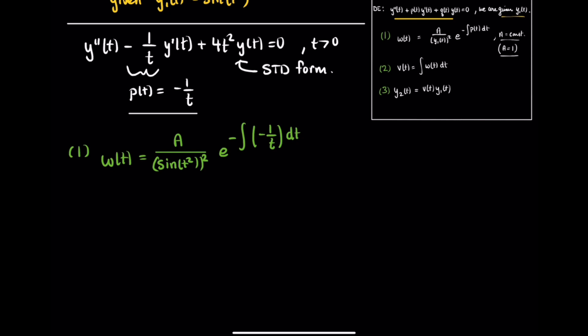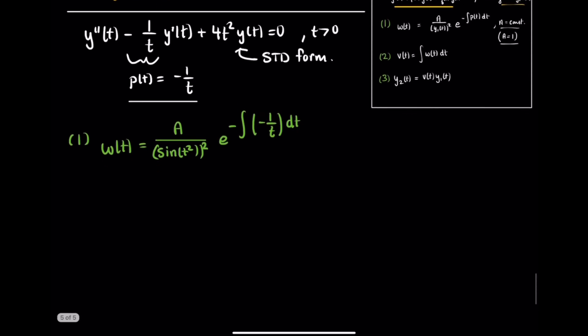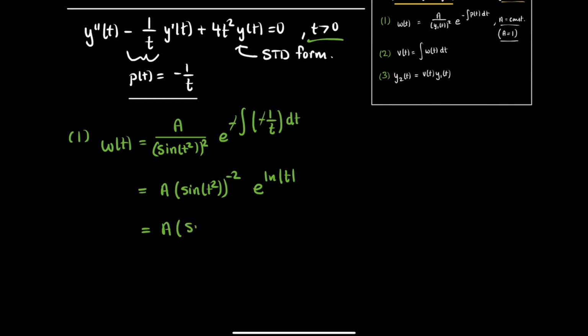Let's bring this sine t squared to the minus 2 to the top, and then we evaluate this integral, which is just ln of the absolute value of t. But remember that t is greater than 0, so you can write this as sine t squared to the minus 2 and absolute value of t. Because t is greater than 0, we can just write this as t. And this is the value of w of t.